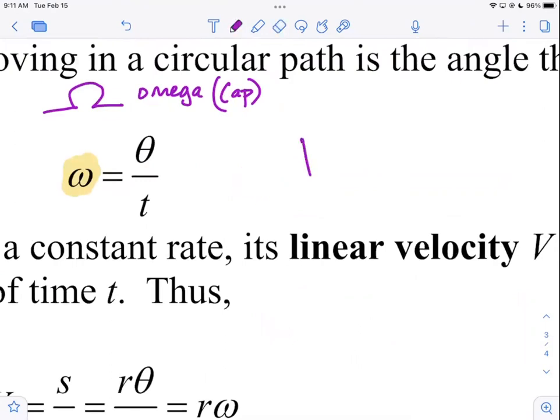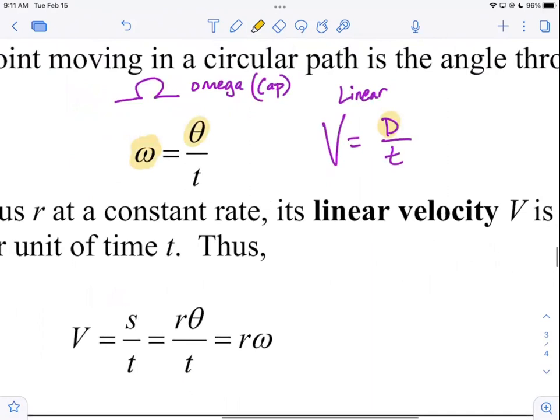Now, if you want to look at linear velocity, we'll call it V. It's going to be distance per time, right? So the only difference is we're measuring in different units. We measure distance in feet, miles, meters. We measure theta in degrees, radians, rotations, revolutions. All right. So that's that.